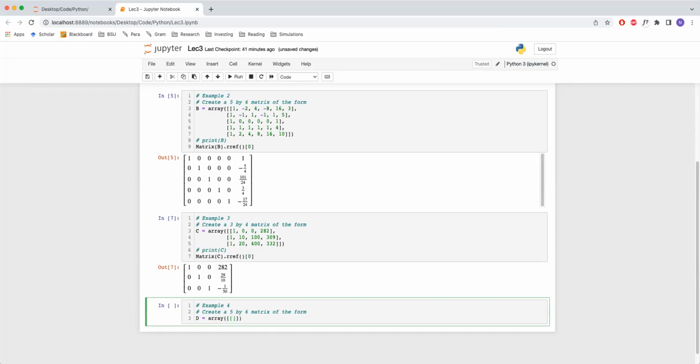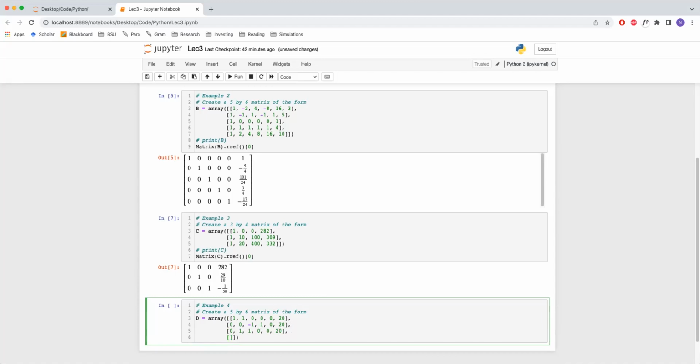The first row consists of the entries 1, 1, 0, 0, 0, 20. The second row consists of 0, 0, negative 1, 1, 0, and positive 20. The third row is 0, 1, 1, 0, 0, 20.